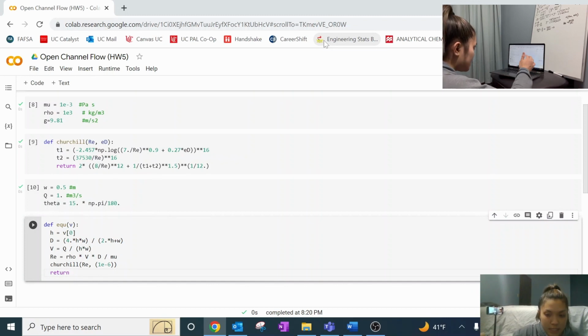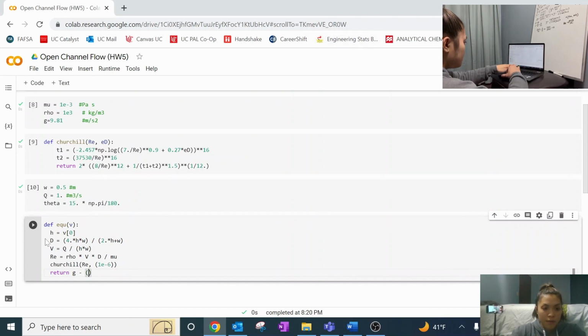But for root solvers, it needs to be set equal to 0. So we're just going to do the gravitational acceleration minus, and we put in our equation. So this is f here, the friction factor. And so we'll have f times the flow rate squared times 2 times the height plus the width.